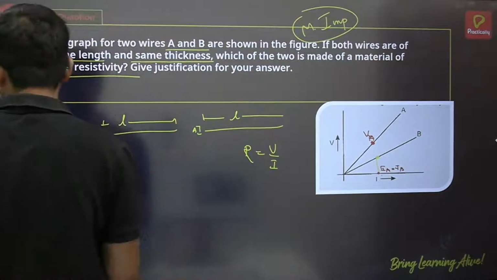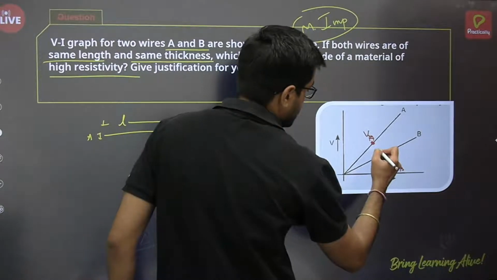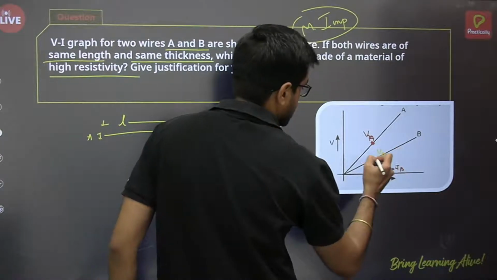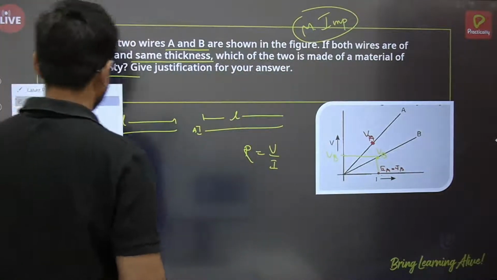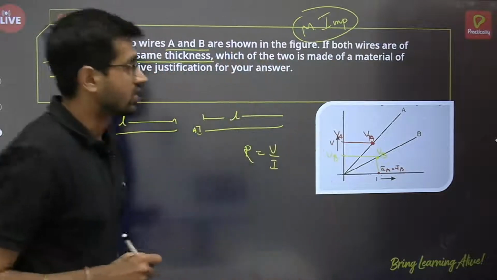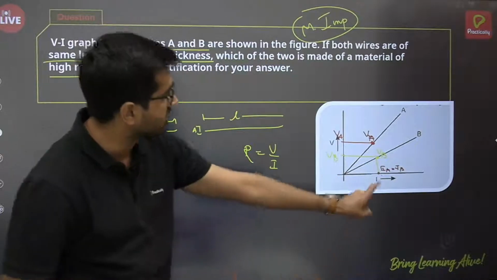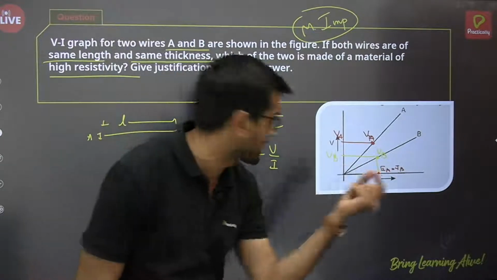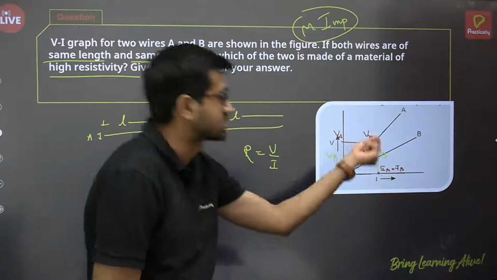Your brain will work very fast then. Understand the complete detail. For the same current, IA is equal to IB. Both have this at any one instance of current. I am seeing 2 different values of voltages.